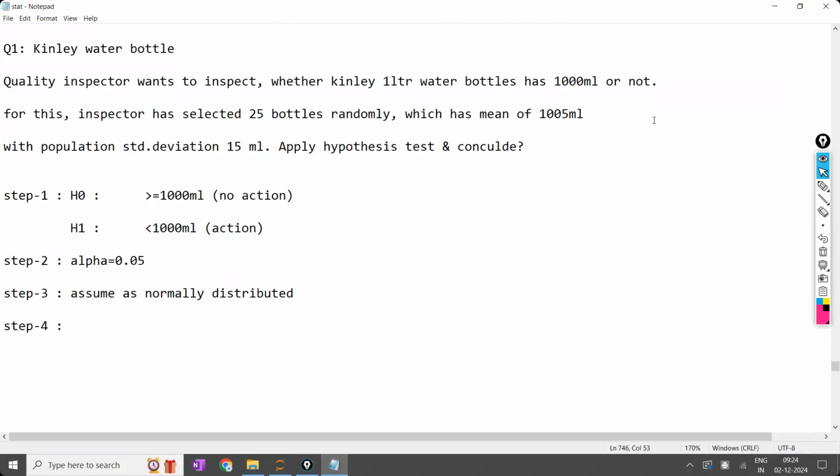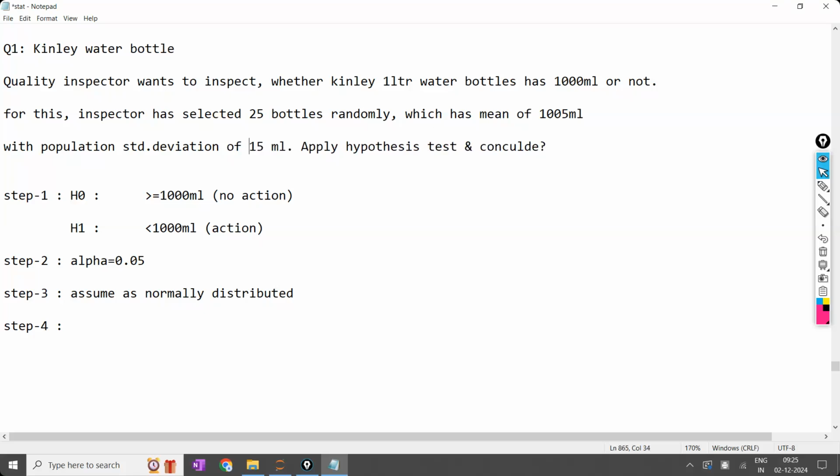For this, the inspector selected 25 bottles randomly, which have a mean of 1005 ml, with a population deviation of 15 ml. Apply the hypothesis test and conclude.